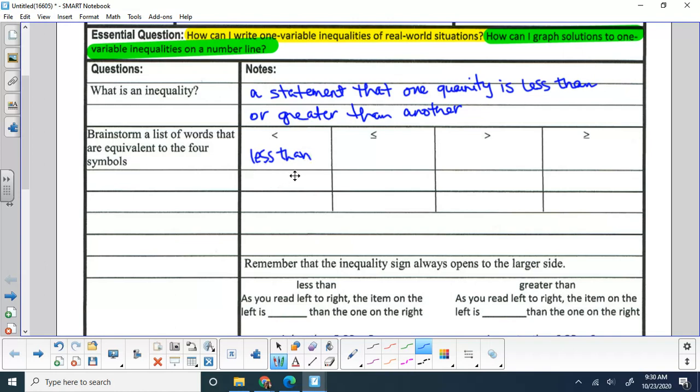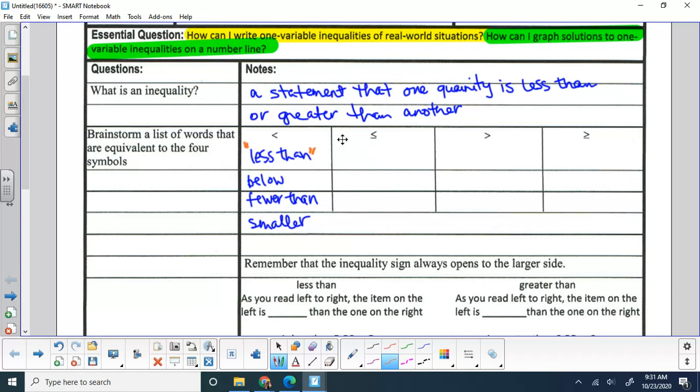Words that describe the less than that might be used in a sentence would be below, fewer than, smaller. All right, that is the symbol less than.